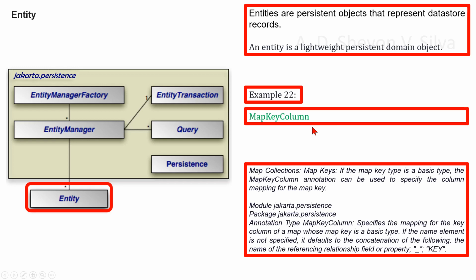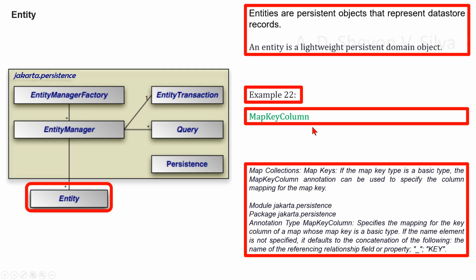If the map key type is an entity, the MapKeyJoinColumn and MapKeyJoinColumns annotations are used to specify the column mapping for the map key. If the primary key of the referenced entity is a simple primary key and the MapKeyJoinColumn annotation is not specified, the default values for the MapKeyJoinColumn annotation apply.